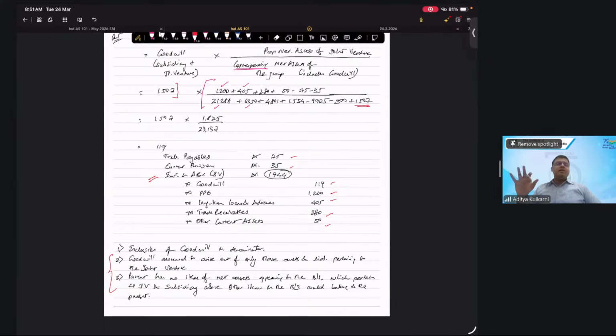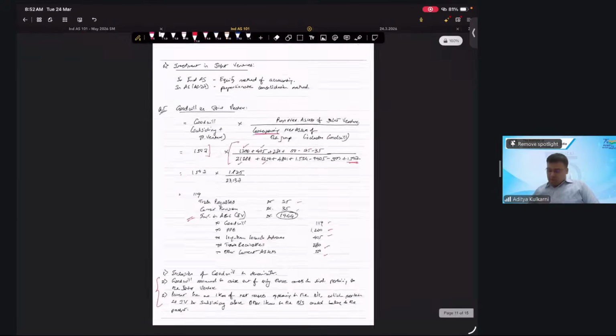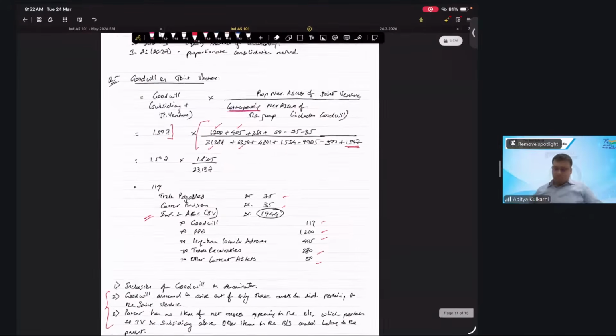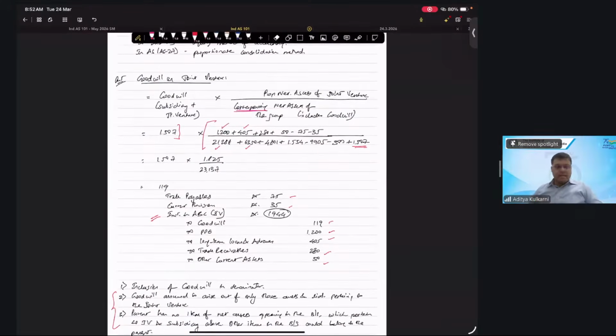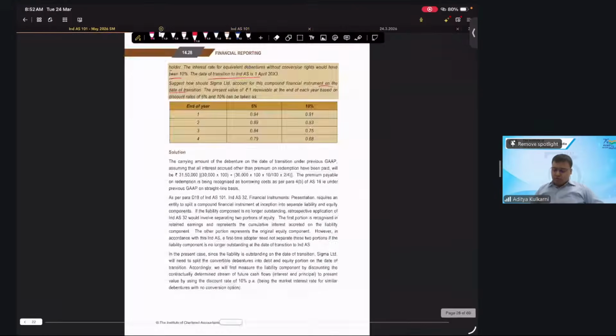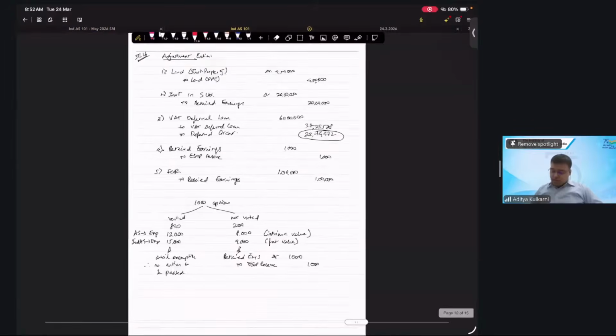The balancing figure would represent your investment in the joint venture as a single line item, which is exactly how the equity method expects you to follow in terms of accounting for a joint venture. Okay? All right. So I think this question we can skip. It's a very routine question. So let us skip this and move on to the next one.